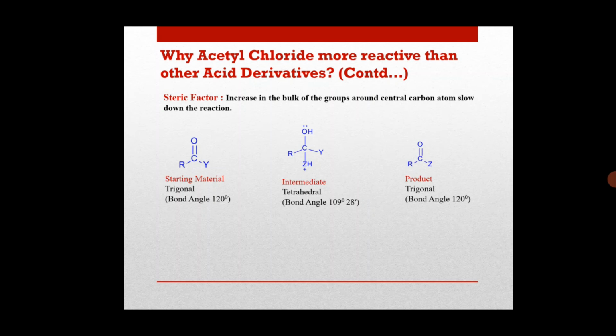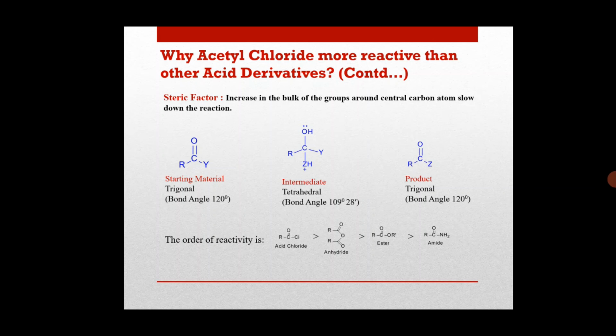If you look at the acid chloride and compare it with other acid derivatives, you will find that in acid chloride, the groups are small and steric crowding is minimum. So, the order of the reactivity is again acid chloride greater than anhydride, greater than ester, and greater than amide.